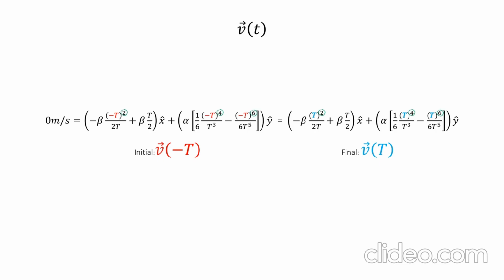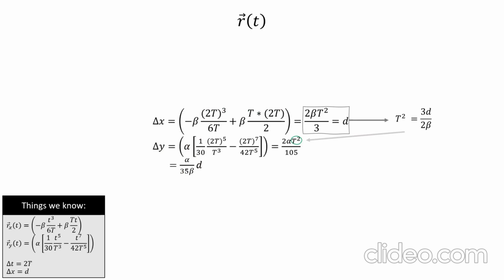Because the exponent for t is even, the negative input will give the same result as the positive input. Finally, we found where the helicopter landed by subbing in the time interval between the starting point and the final point, which is 2T, into the position function.